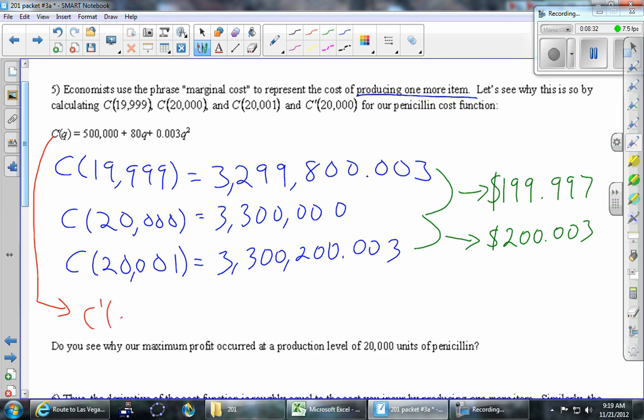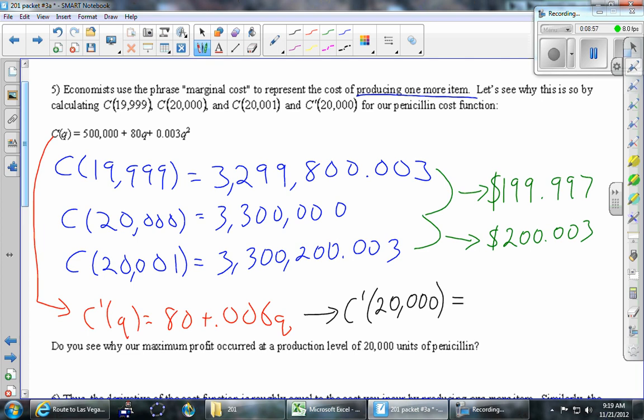All right, C prime of Q. Let's take a derivative here. Okay, so there's our derivative, easy enough. And what I'd like to do is plug 20,000 for Q in this thing. So I want C prime of 20,000. It's 200.